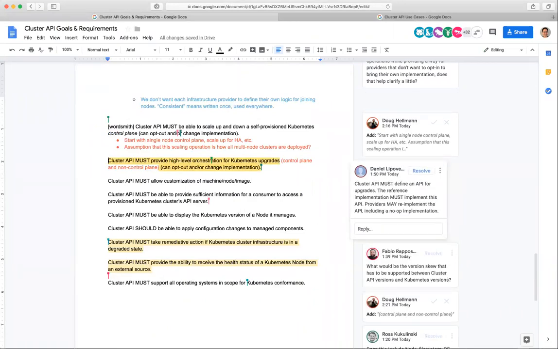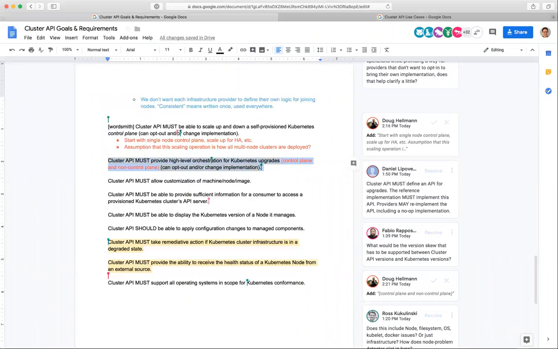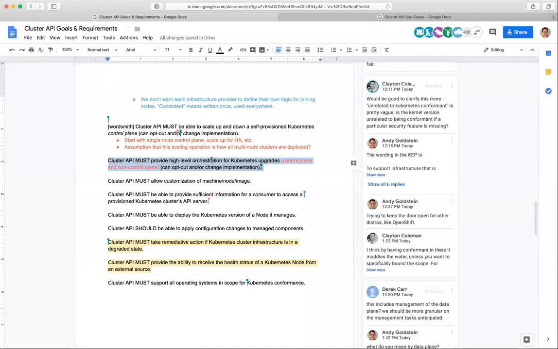So around the upgrades one, Derek, was there anything else or anyone else on this in particular? No, no. Okay. I have a question. Is it important to separate control plane upgrades from node upgrades? So the requirement here was meant to be super generic, so that there is orchestration around how you upgrade a Kubernetes cluster.